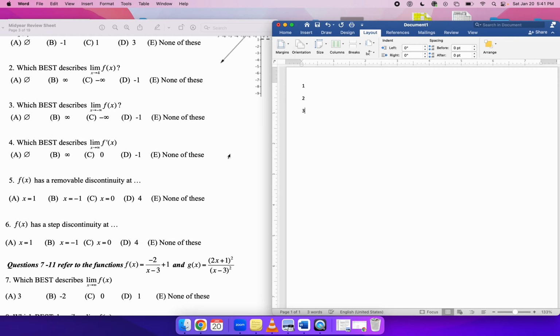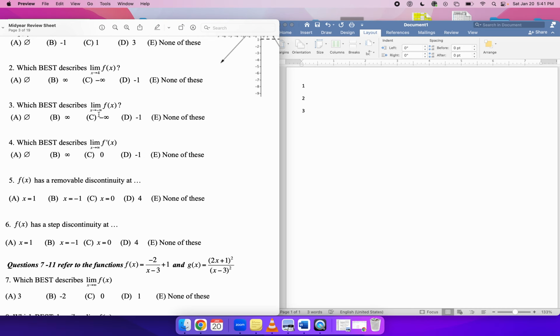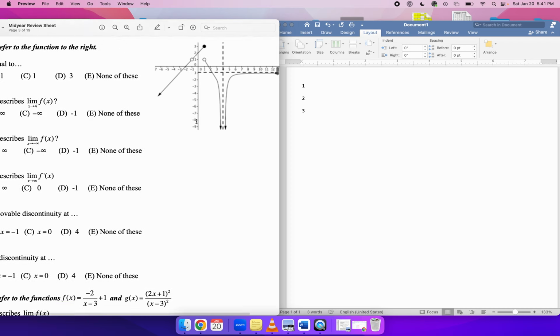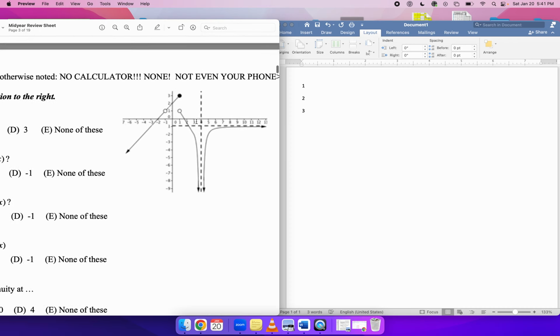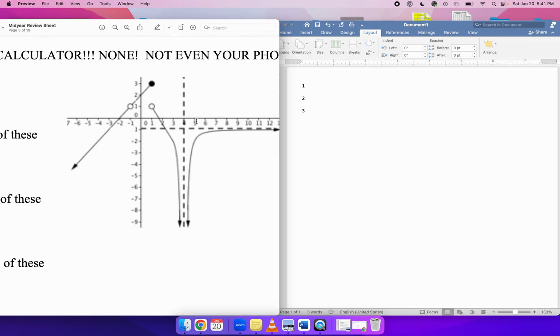Number 3, which best describes limit as x approaches -infinity? Well, that means that we are looking at what happens to the value of the function as we go really far over to the left, because way over here, x is approaching -infinity. I noticed in class a lot of people were thinking that maybe they're supposed to be looking at this part of the graph.